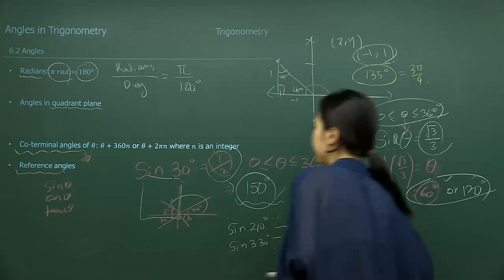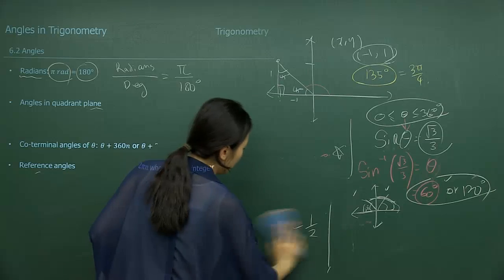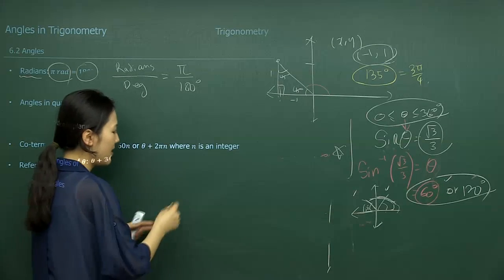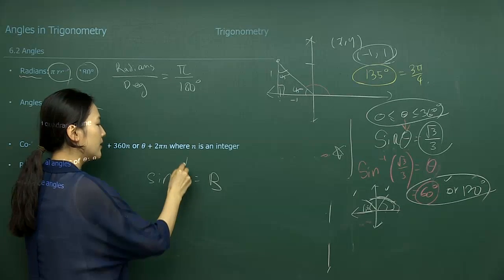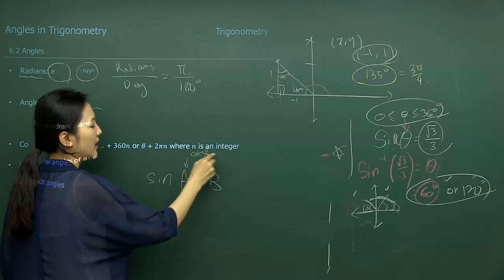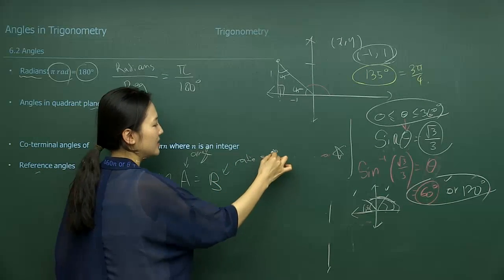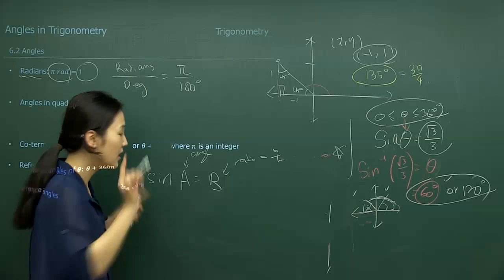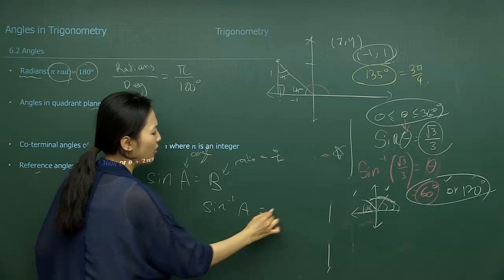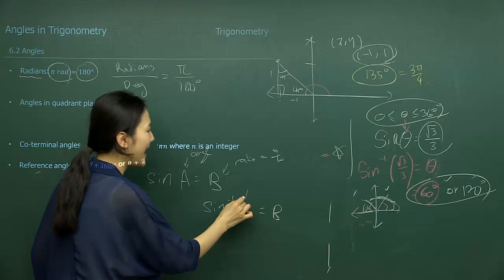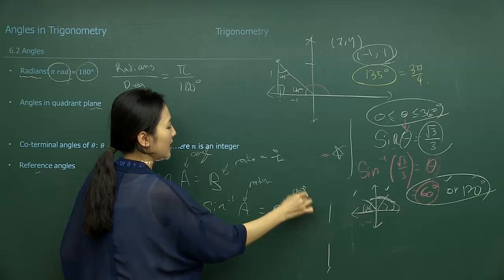Let me just re-emphasize that. So if you have sine of A equals B, this is the angle part, and this is the ratio part, right? Well, to be exact, it's the opposite over hypotenuse. But if you see inverse sine of A equals B, that is the ratio, and that is the angle.